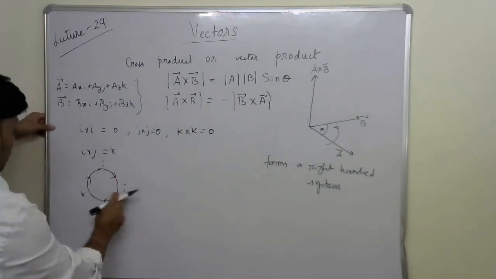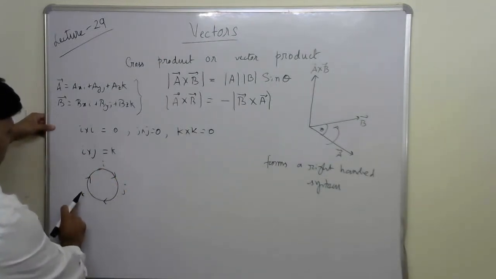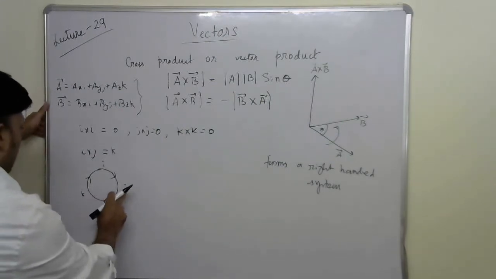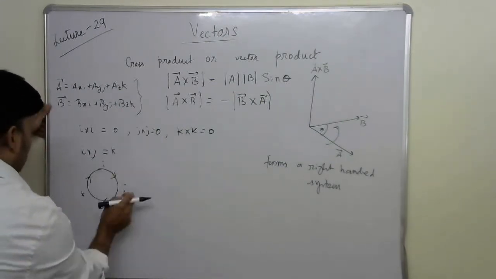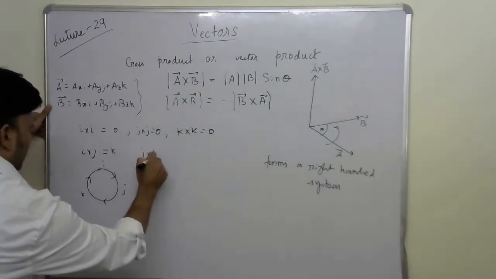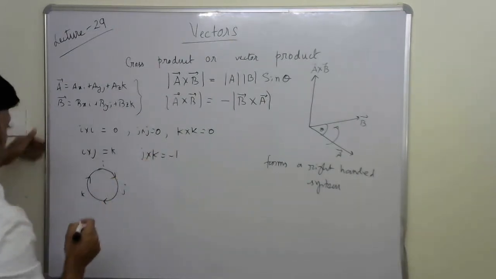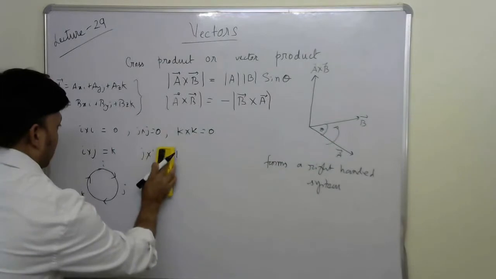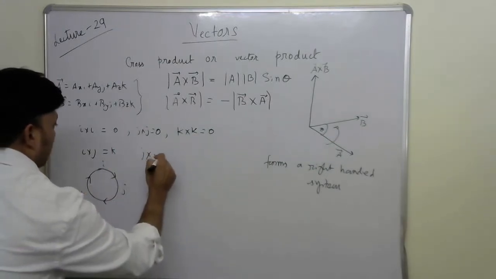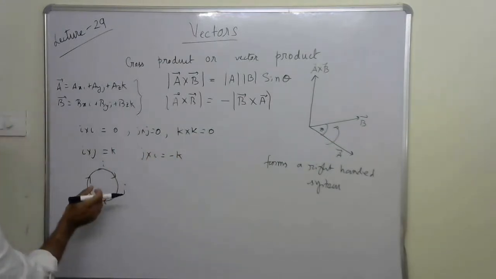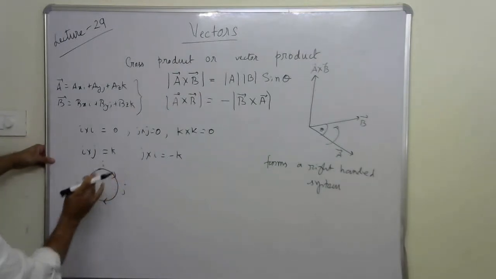Why? Because I cross J would give you K, but the moment we write J cross I, it would give you minus K because you go against the direction.